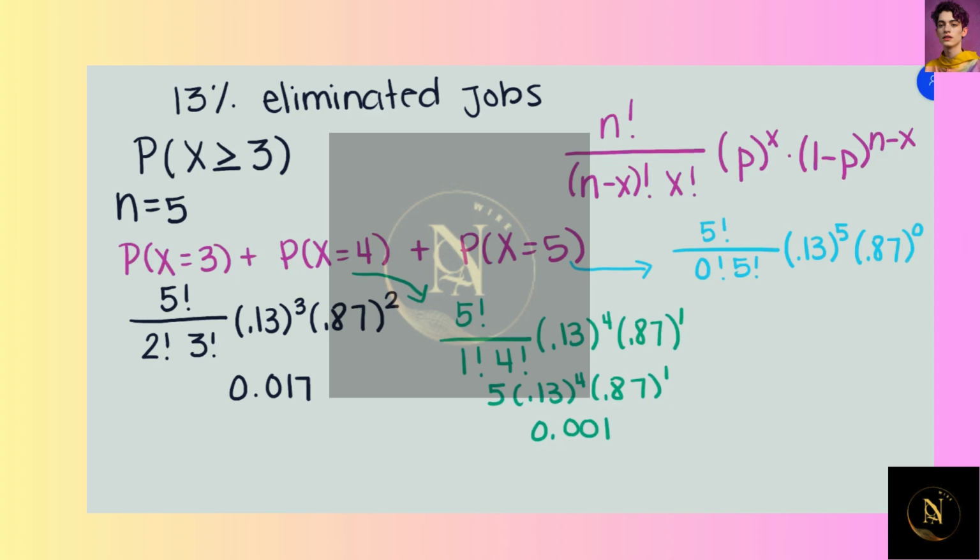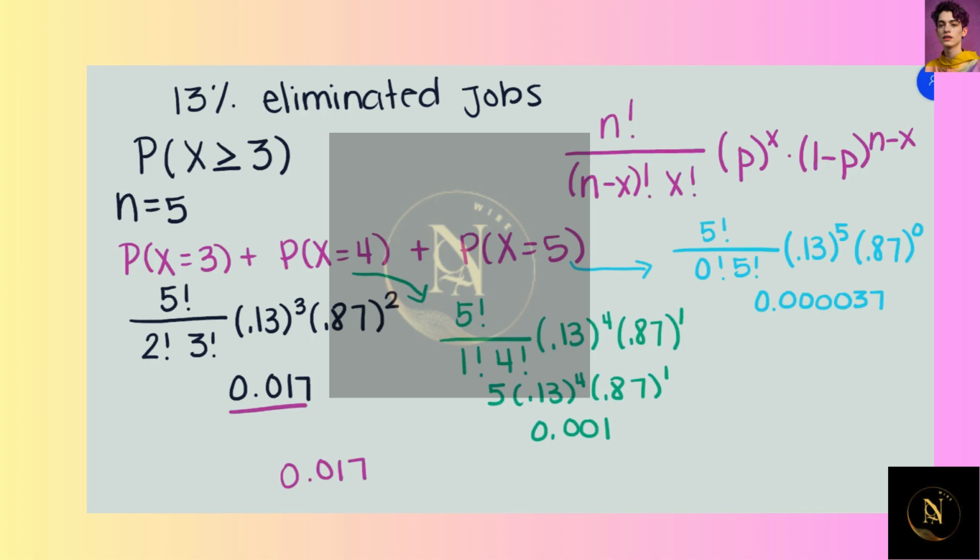And when you do this, you get a very small number. It's 3.7 times 10 to the negative 5, which is 0.00037.